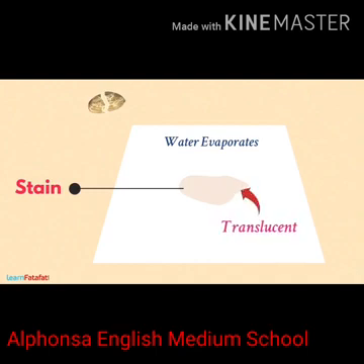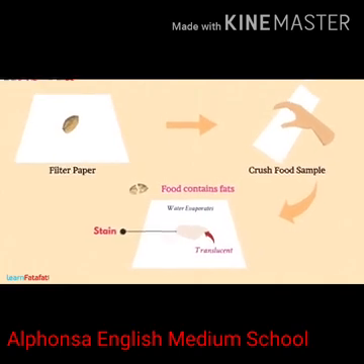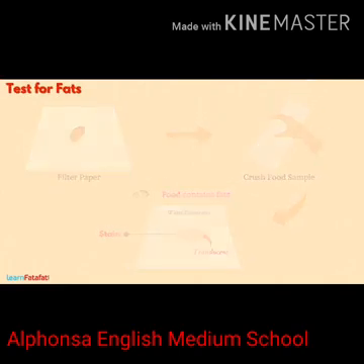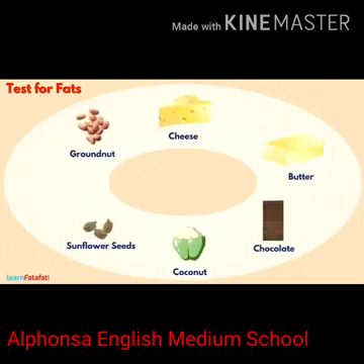If the stained portion is translucent, it indicates that the food contains fat. Some of the food items rich in fats are, you can see here, groundnut, cheese, butter, chocolate, coconut, sunflower seeds and almond.